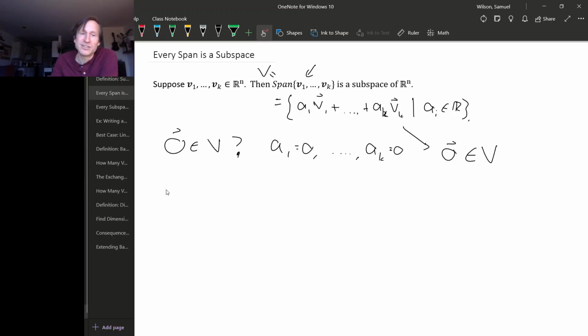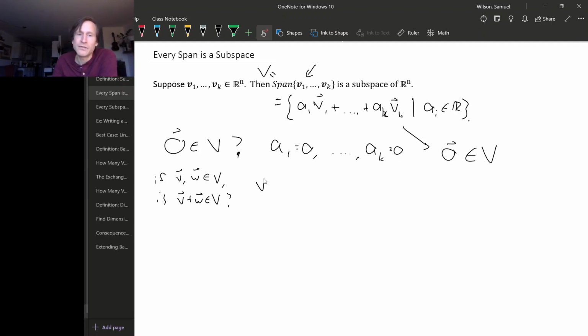All right, so now let's check if we start with two vectors in capital V, is it true that the sum is in capital V? So if we take two vectors in a span, is their sum in the same span?